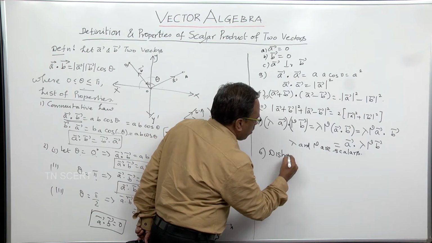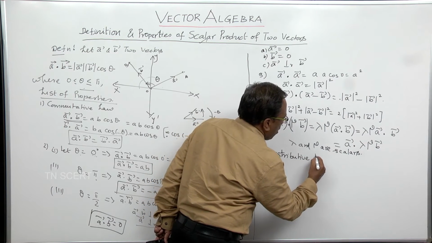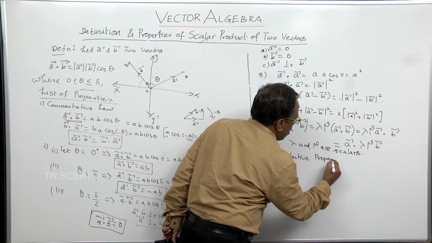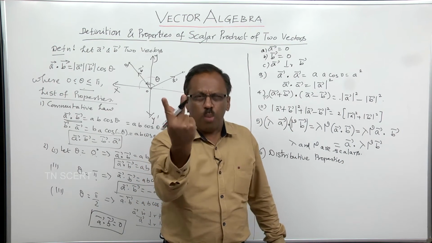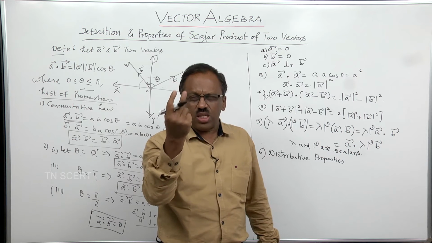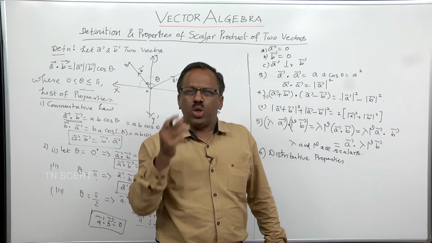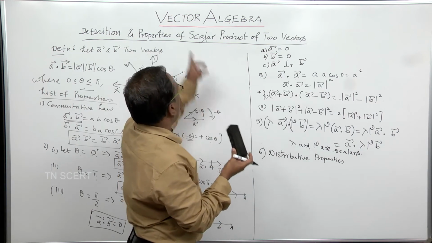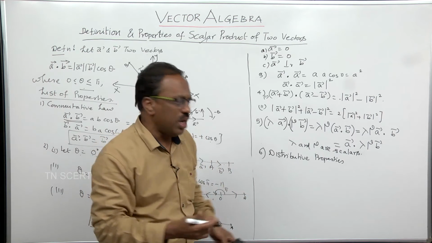Distributive law: we need 3 vectors and 2 operations. What are the 3 vectors? A, B, C, and the 2 operators: one is dot, the other is addition, or subtraction also we can take.